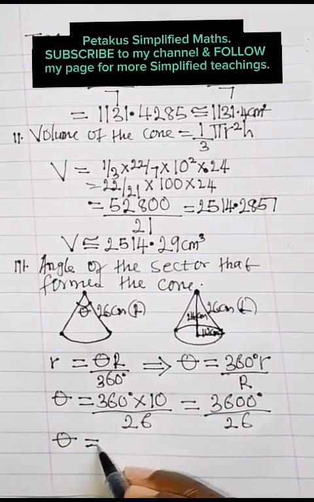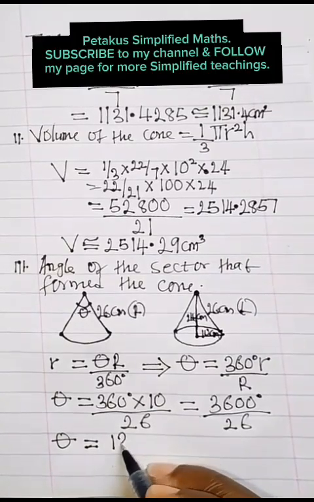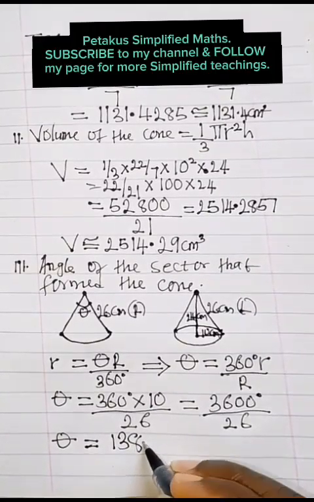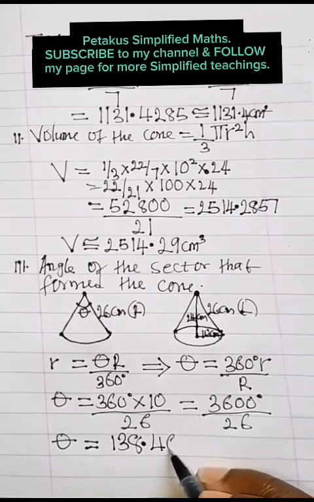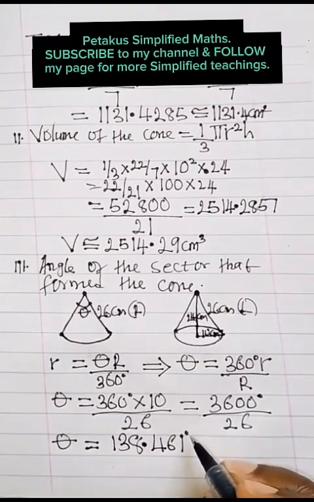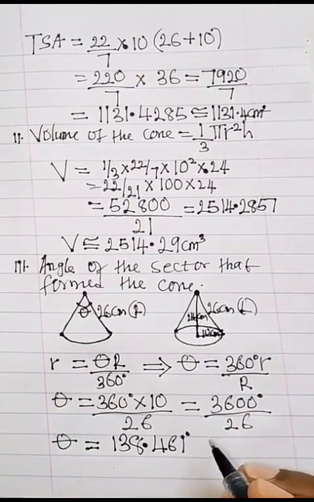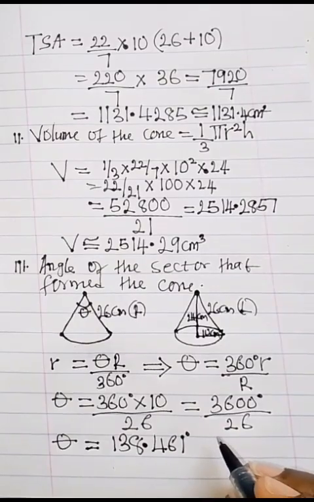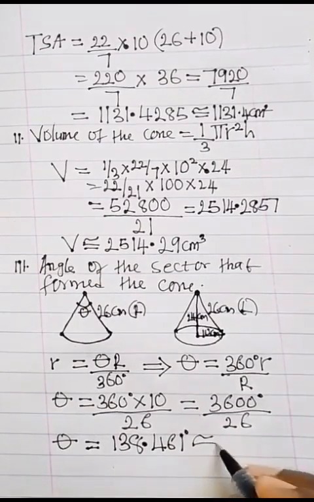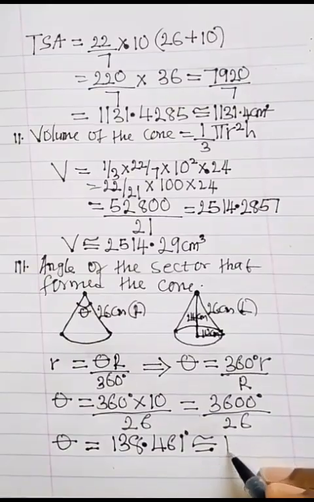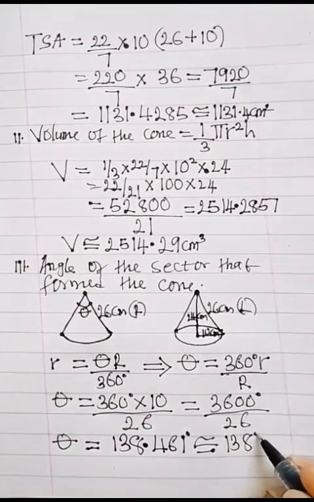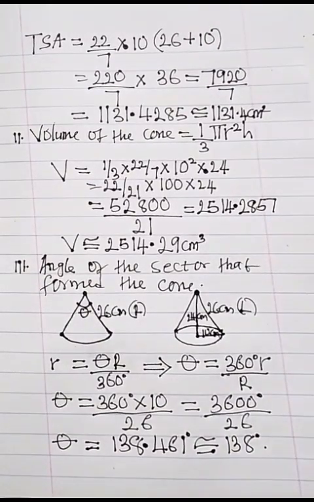Theta is equal to 138.461 degrees. To the nearest whole number, the angle of the sector that formed the cone is approximately equal to 138 degrees.